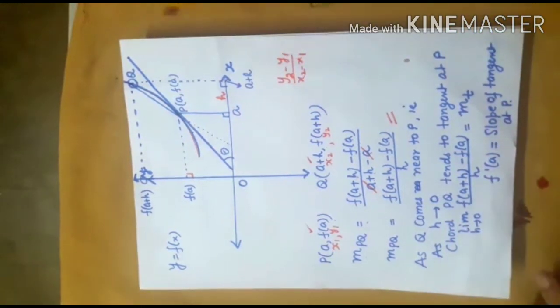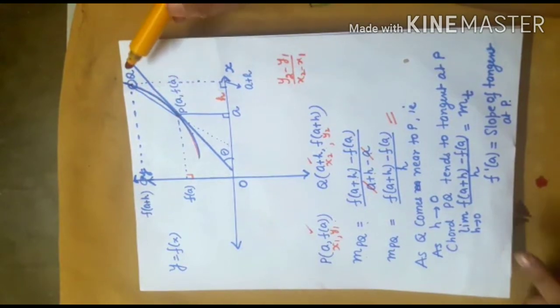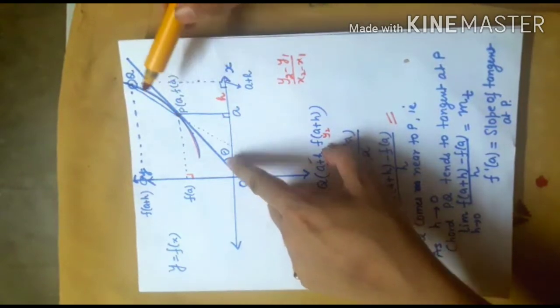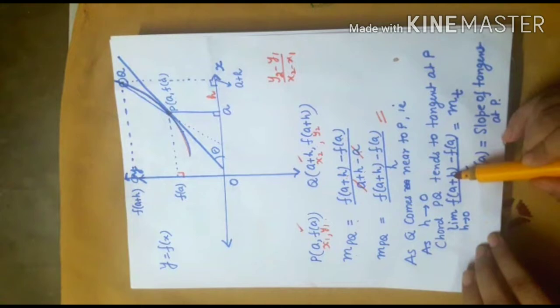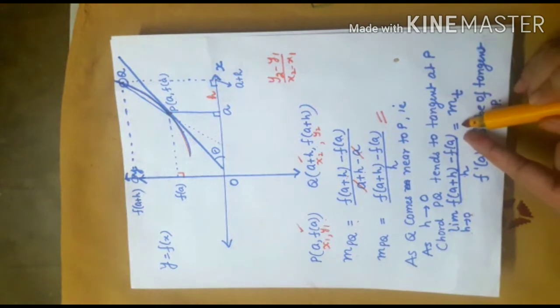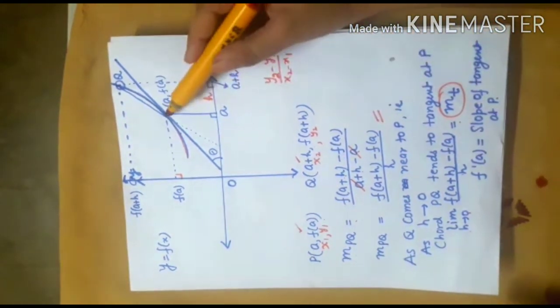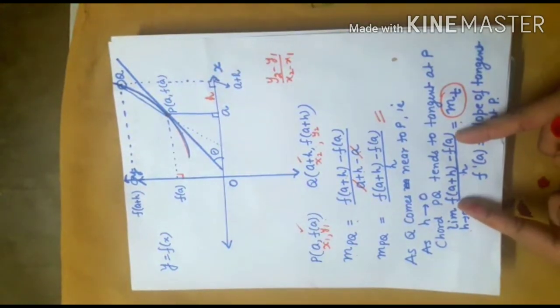Now when this happens, this chord PQ will tend to the tangent at the point P. So the limit of (f(a+h) minus f(a)) over h as h tends to 0 will be equal to the slope of the tangent drawn at the point P, because this gives the slope of line PQ.